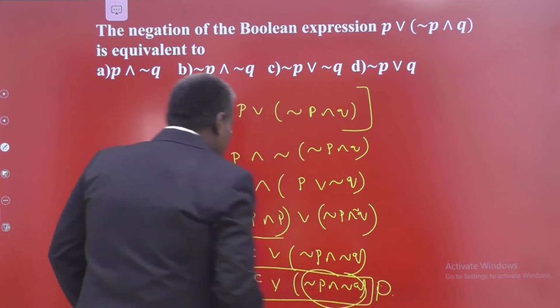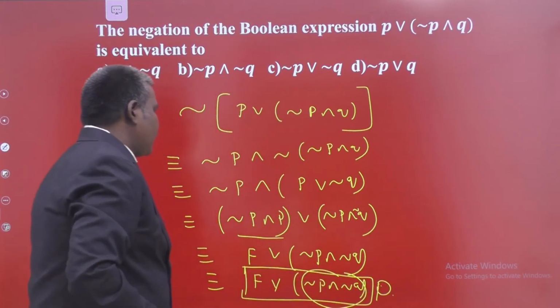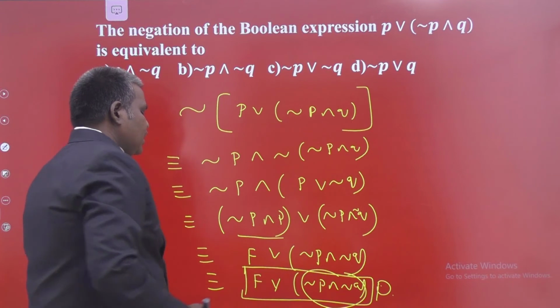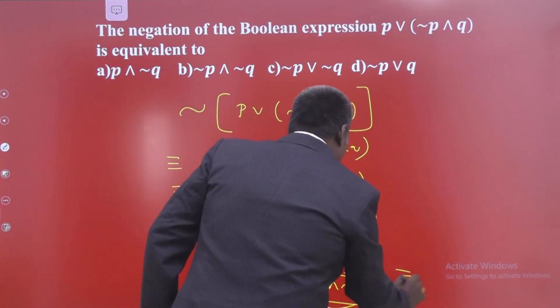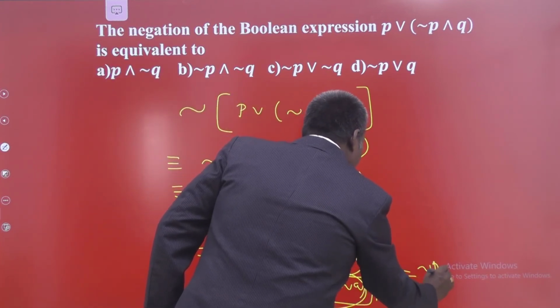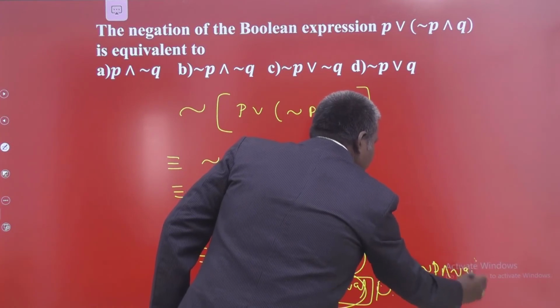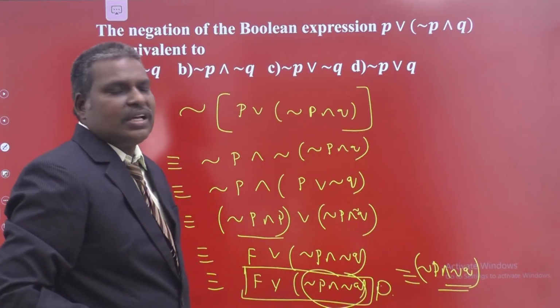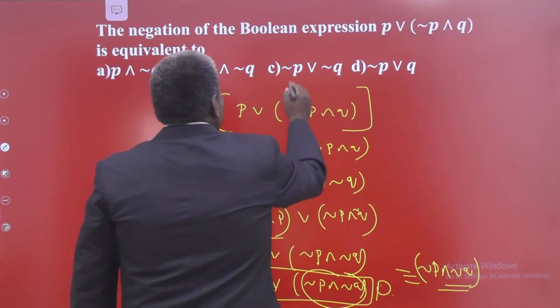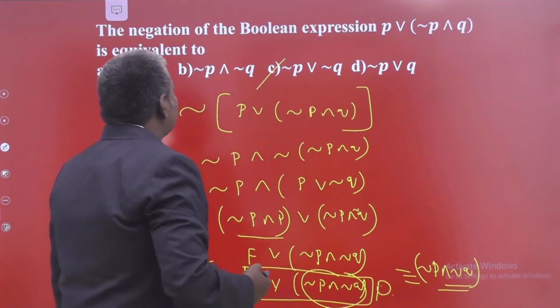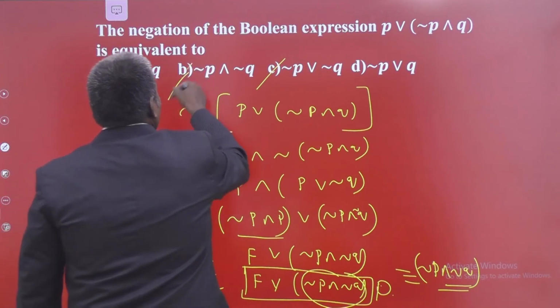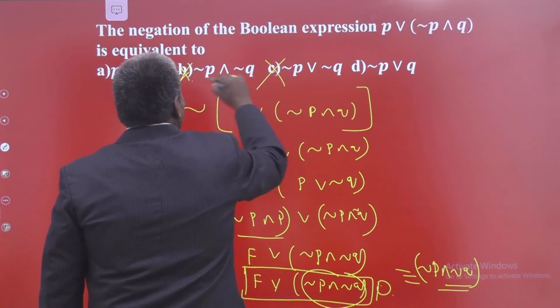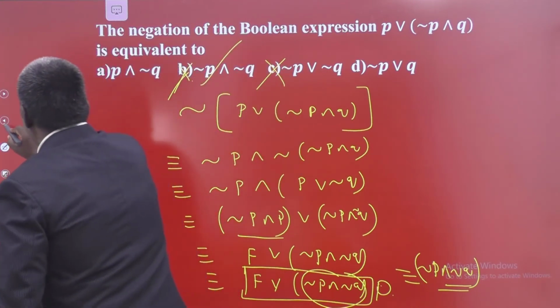Just like false or some statement, what happened? The statement will be there. So your result is what now? Negation of P and negation of Q. So what is the answer? Negation of P and negation of Q. This is the correct option. This is wrong. This is the correct option.